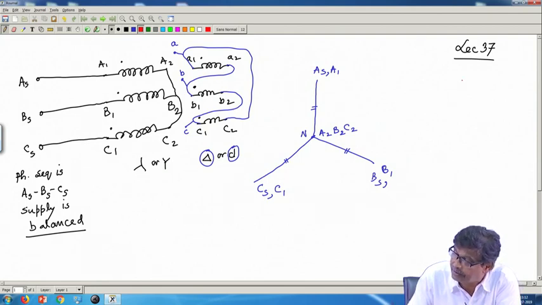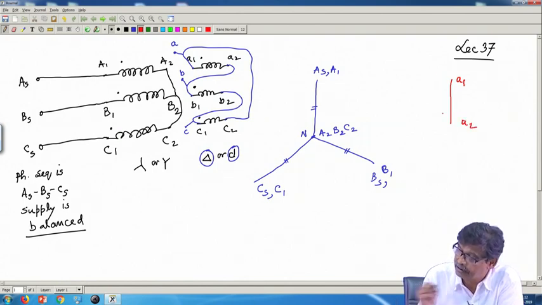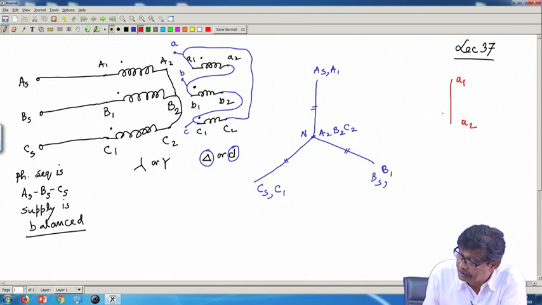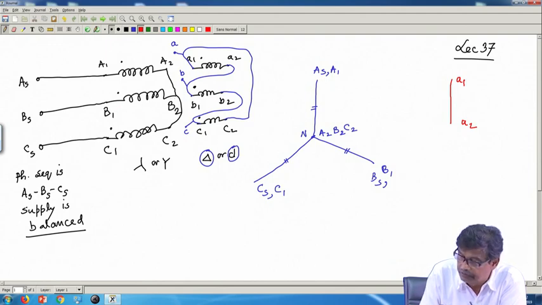So, I write it like this, a1 a2, got the point, parallel to capital A1 A2. Similarly, small b1 b2, the induced voltage in the secondary, will be parallel to this B1 B2.